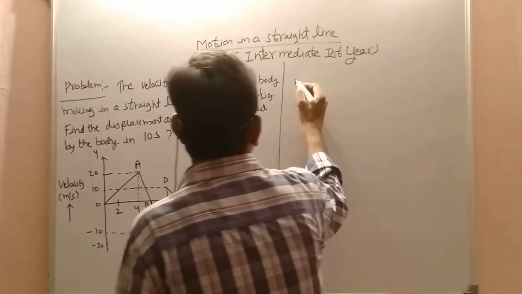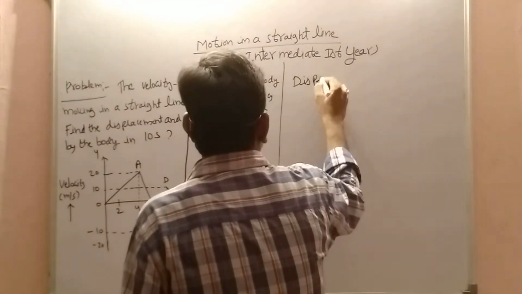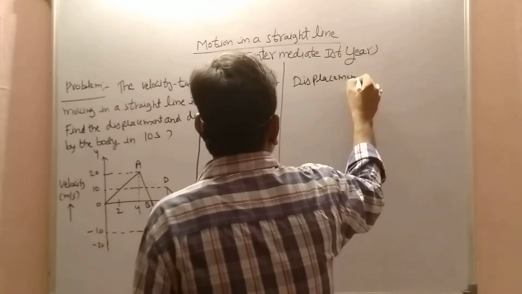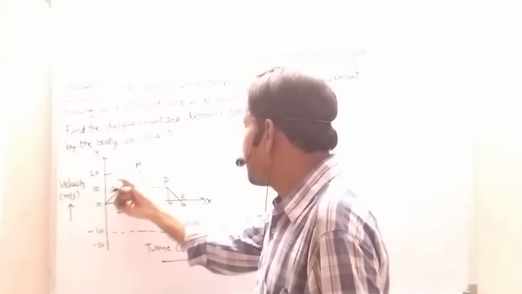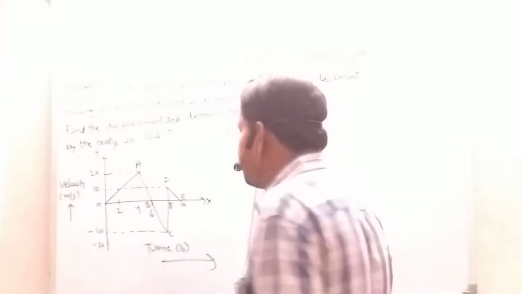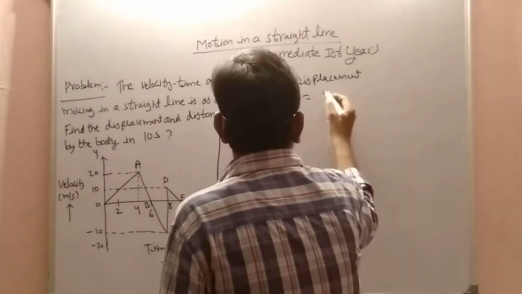Now, I am finding displacement. What is the displacement? The area occupied by the velocity time curve. Here one triangle came, here another triangle, here another triangle. So what are we taking here?